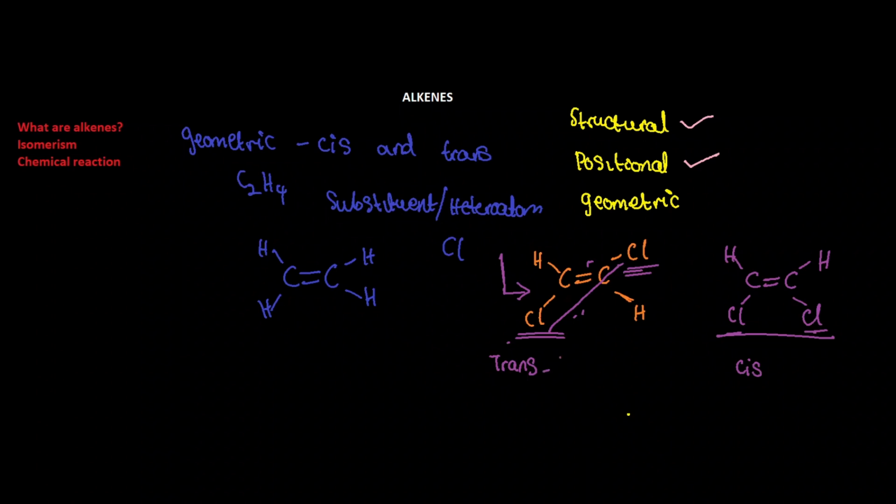So if we were to name this, it would be trans-1,2-dichloroethene. And the second example that we have here would be cis-1,2-dichloroethene.